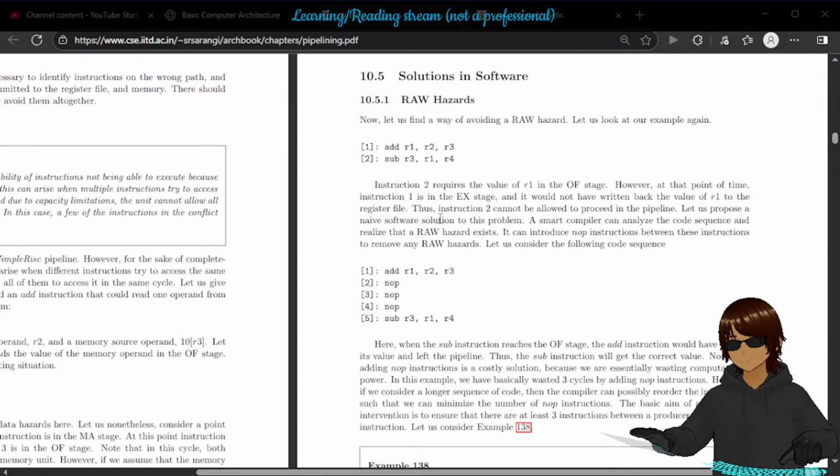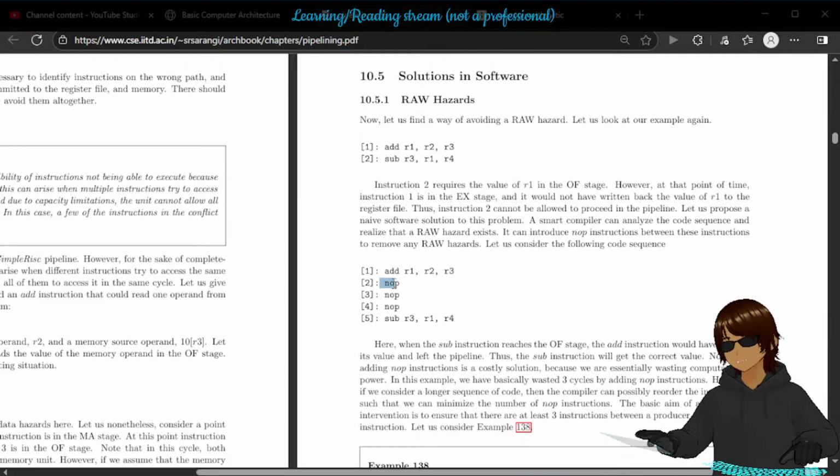Let us propose a nice software-based solution to this problem. A smart compiler can analyze the code sequence and realize that the RAW hazard exists. It can introduce NOP instructions between these instructions to remove any read after write hazard.